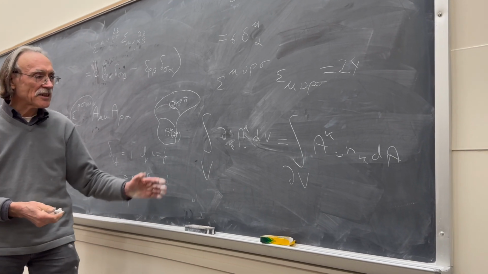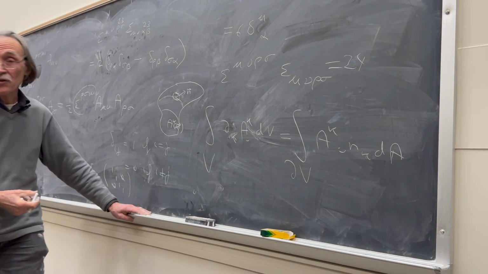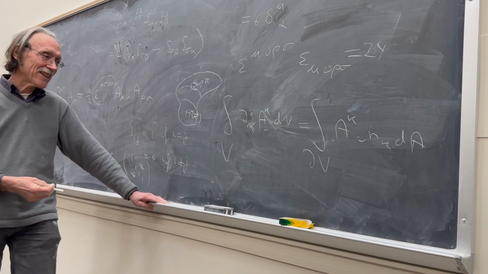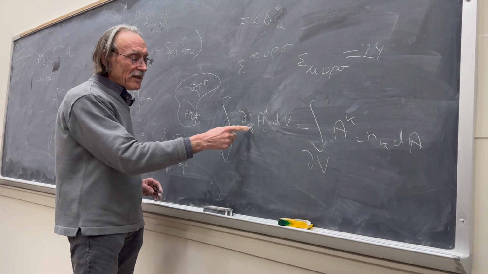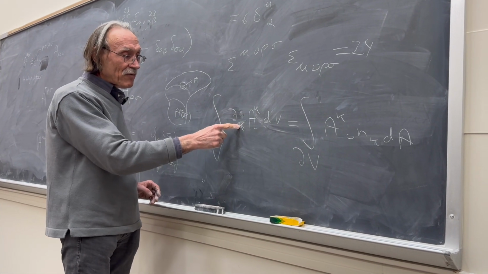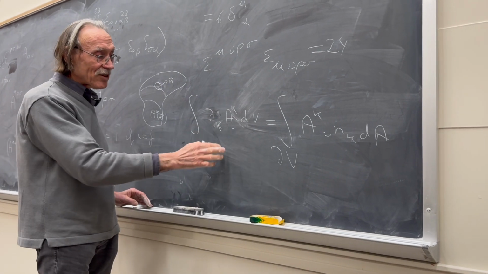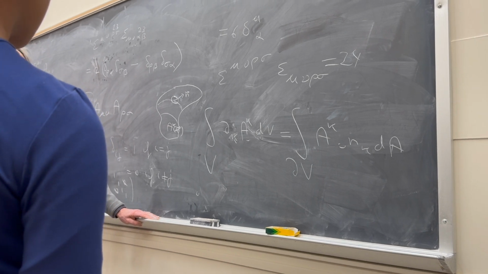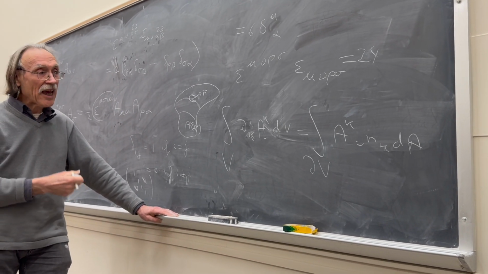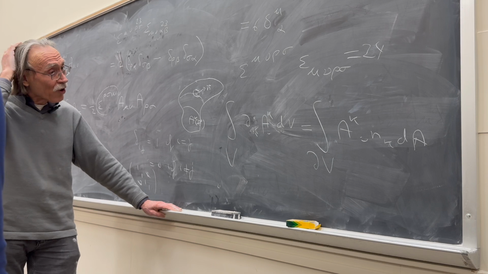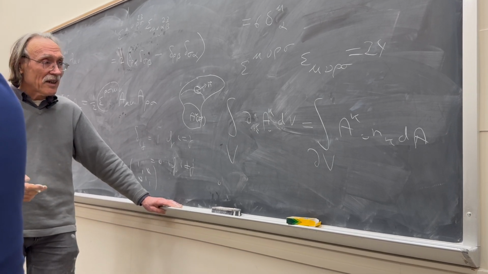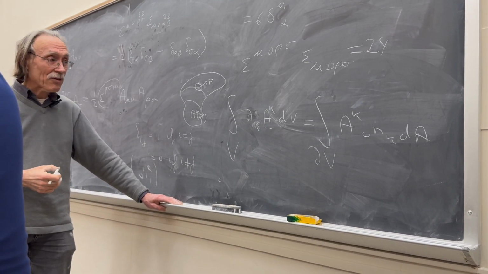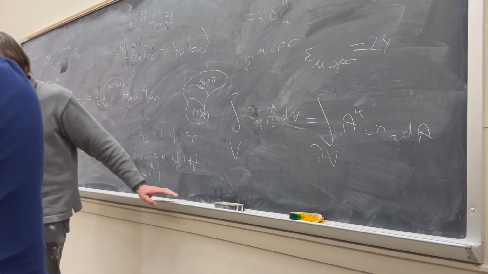And this theorem we actually can extend to 4 dimensions. In relativity, this is a 4-dimensional integral, and these indices run from 0 to 3. And then again, it becomes a more complicated thing, which you have to work out. And I gave an example here.